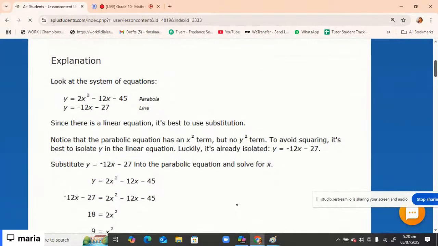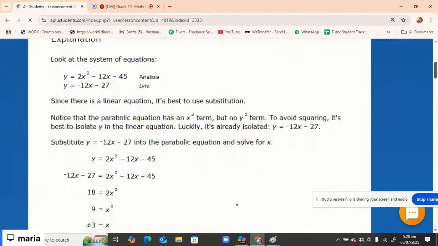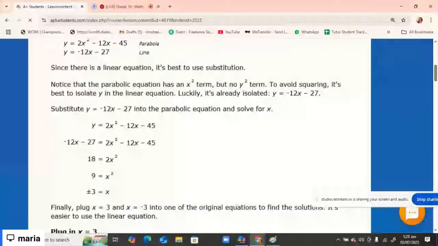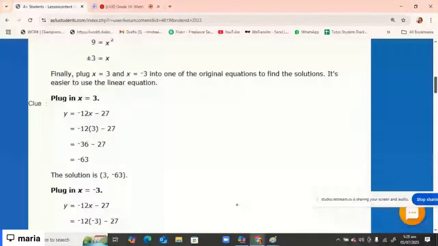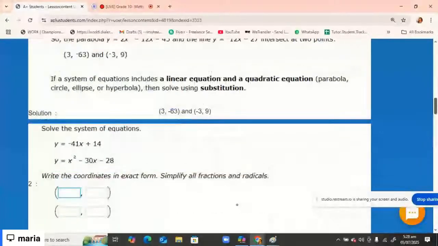Y is equal to minus 12x minus 27. First of all, we substitute y is equal to minus 12x minus 27 into the first equation and find the value of x. Then again we plug this value of x into either y equation and find the y value. In this way we find the solutions one by one.